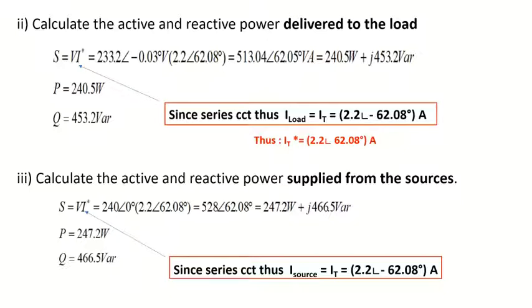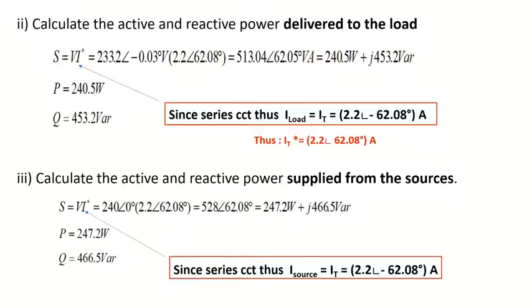Your I is still the same I, because the circuit is in series. So the I conjugate is 2.2 with 62.08 degree. The multiplication of Vs and Is conjugate gives you 428 with 62.08 degree.